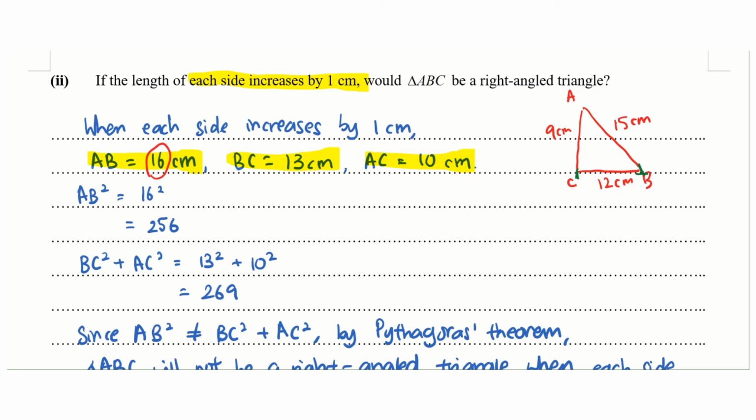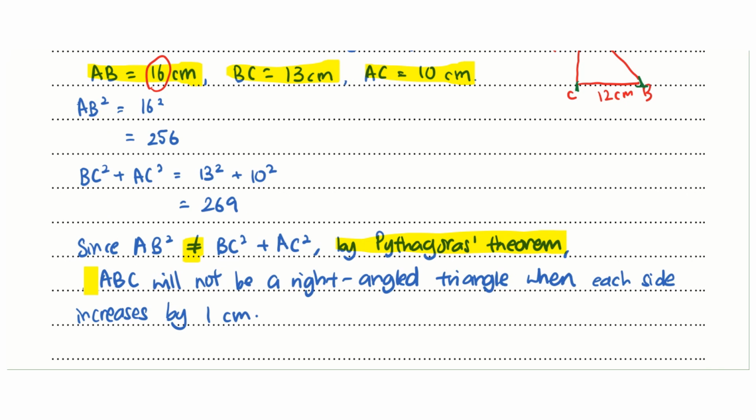So we see that we get 256 for AB square, and then for BC square plus AC square we get 269. So clearly they are not equal. Then by Pythagoras theorem, we can conclude that the triangle ABC will actually not be a right angle triangle when each side increases by 1 cm.